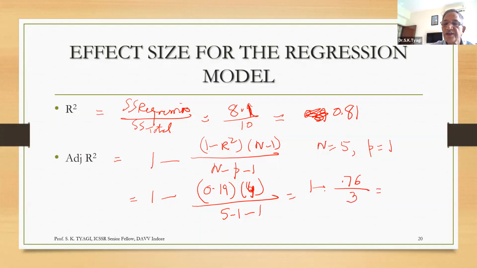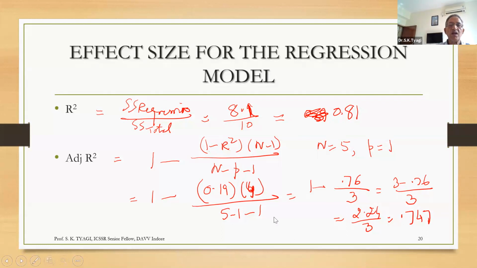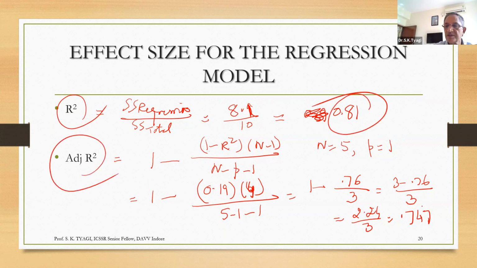So this is 3 minus 0.76 divided by 3. 3 minus 0.76 is 2.24 divided by 3. So 0.7, 3 7 is 21, 14, 3 4 is 12, 20, 3 7 is 21. This is adjusted R square. So R square is 0.81, adjusted R square is 0.747. Now let us see the output.